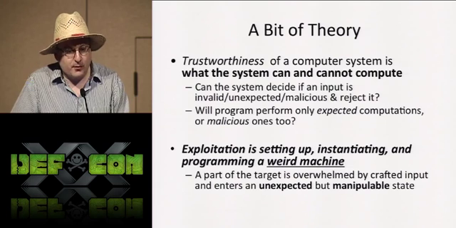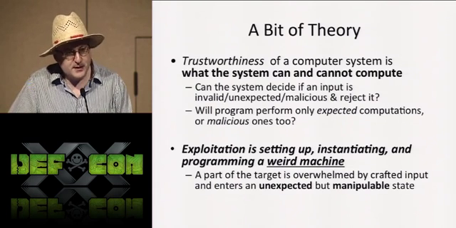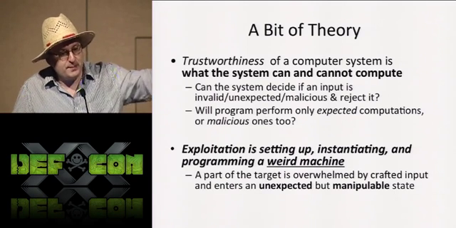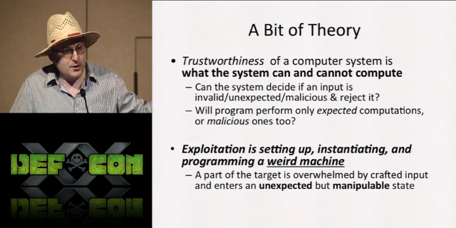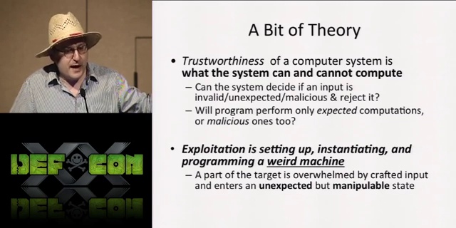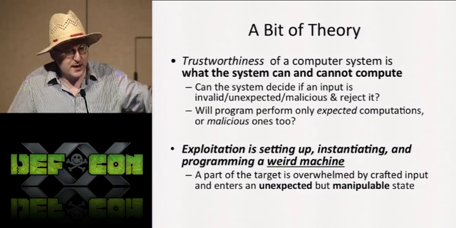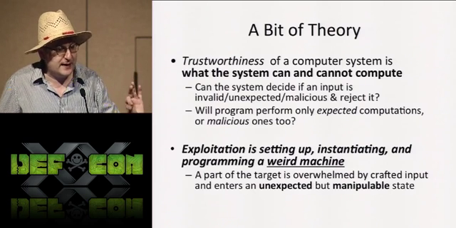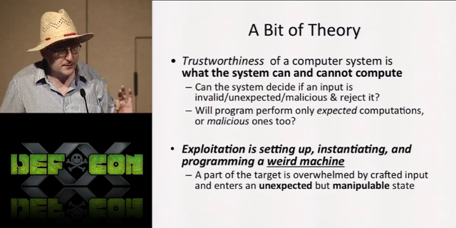I tried to summarize much of the existing exploitation folklore in this term called the weird machine. So you're borrowing pieces of code from the target, and you are guiding them, you're using them as implementations of bytecode, to which your data serves as the opcodes and immediates.